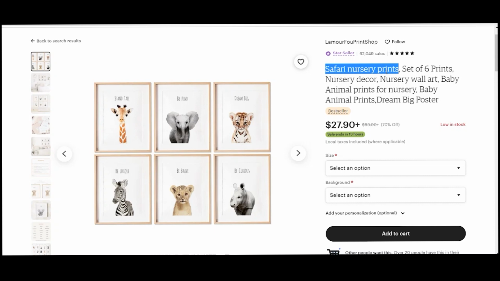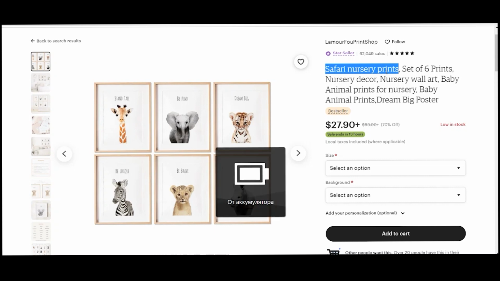And the one thing that you will need to avoid is to use everything that is trademarked. Don't do this ever. No characters from cartoons, from films, nothing that seems like you remember this name, you remember this character. Don't do this.